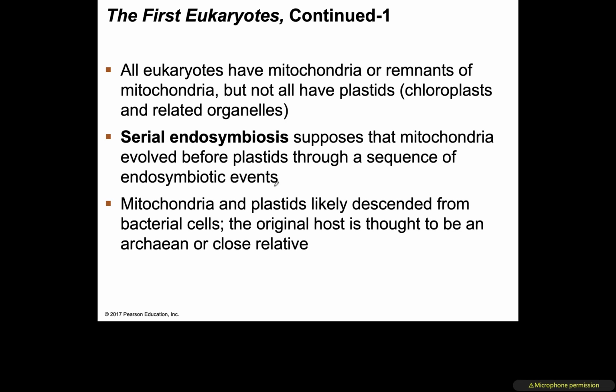Mitochondria and your plastids likely descended from those bacterial cells that got phagocytized, and the original host is thought to be archaean or a close relative. So what I'm trying to tell you is archaea is thought to be the original host and not so much the bacteria.